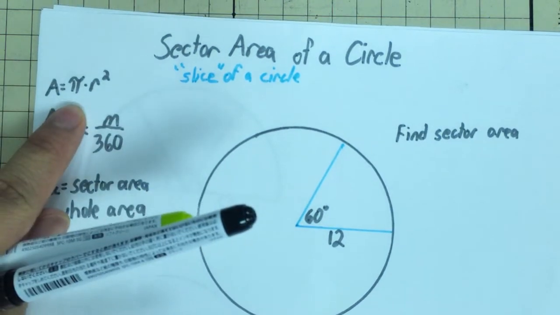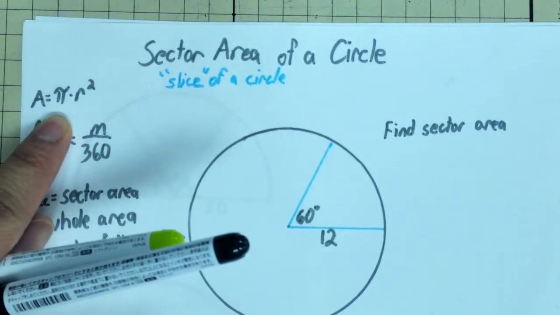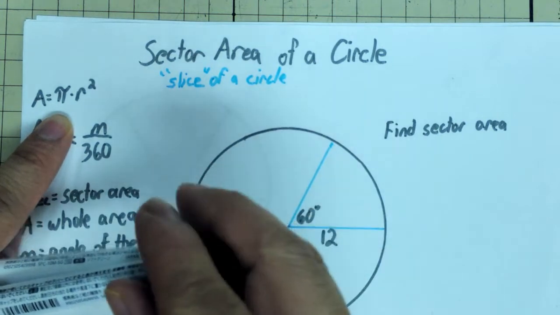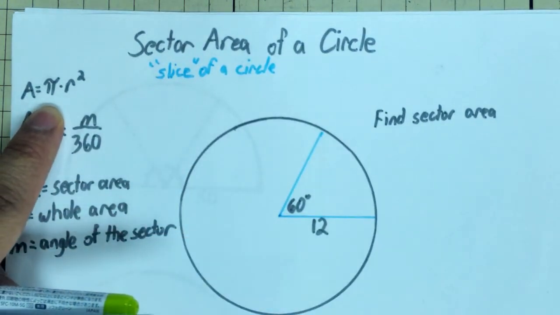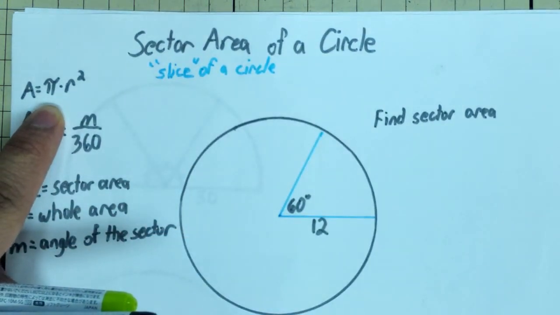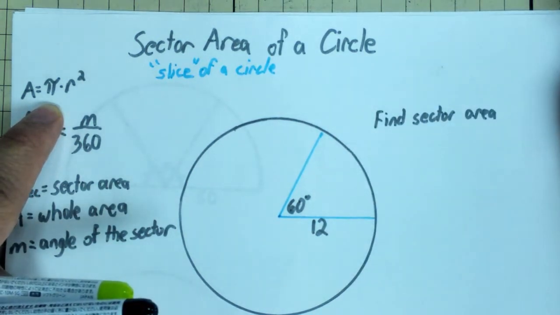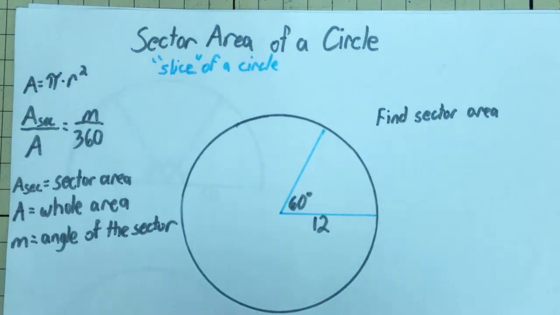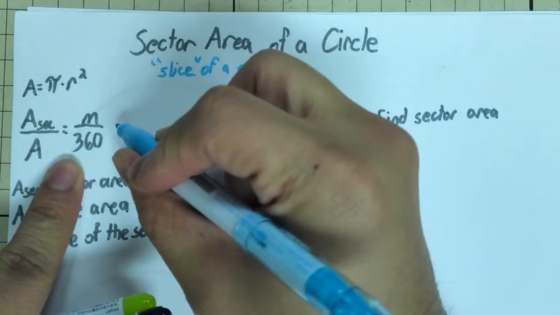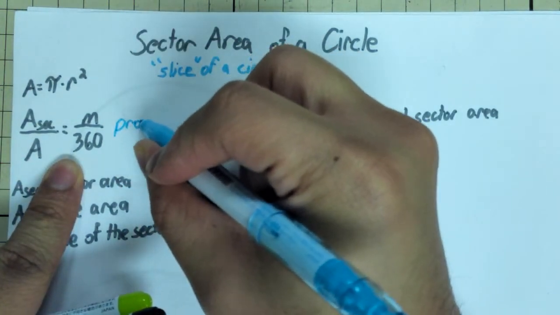Area for a full circle is something you should have learned in middle school. Area of a full circle equals pi r squared. Now to find area for a sector, it's a proportion.